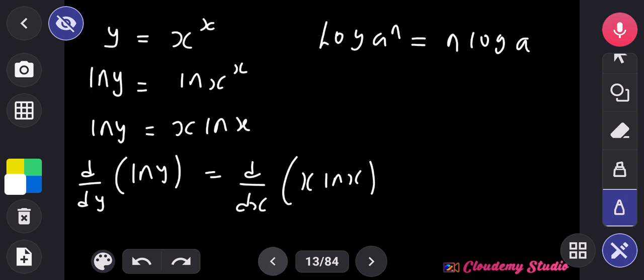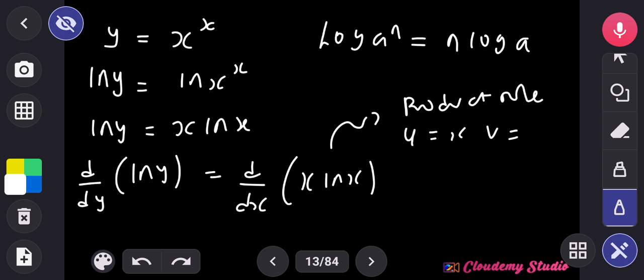Equals, now if I want to differentiate this, you see that the relationship between them is a product. So I'm going to use the product rule. Using the product rule, our u will be equal to x, our v will be equal to ln x, our du upon dx is going to be 1, and our dv upon dx is going to be 1 over x.